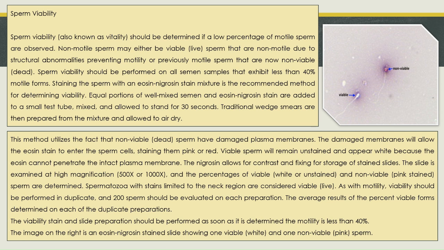The average results of the percent viable forms are determined on each of the duplicate preparations. The viability stain and slide preparation should be performed as soon as it is determined the motility is less than 40%. The image on the right is an eosin-nigrosin stained slide showing one viable, white, and one non-viable, pink, sperm.